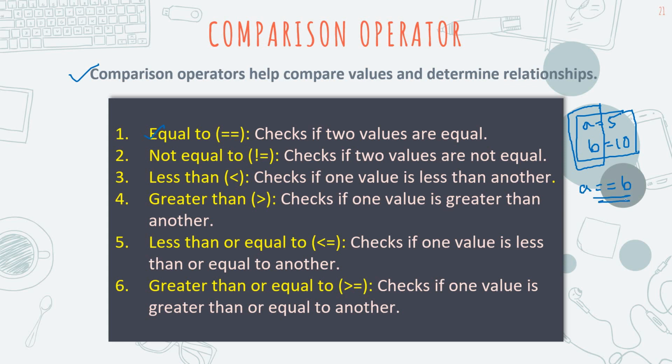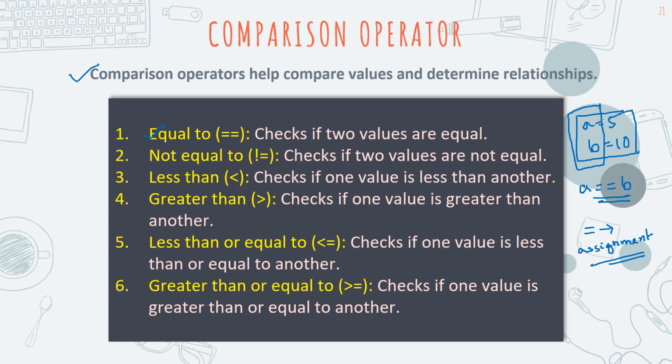Please remember to use the double equal to symbol and not a single equal to, because a single equal to is actually a different operator which we will learn in the next video. A single equal to is known as an assignment operator, which is used to assign some value.